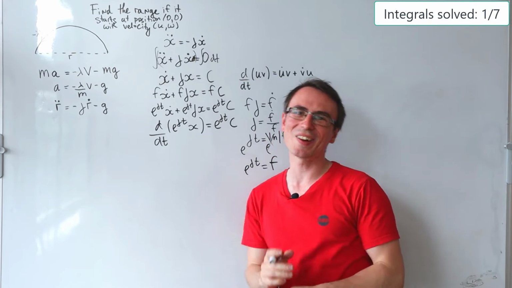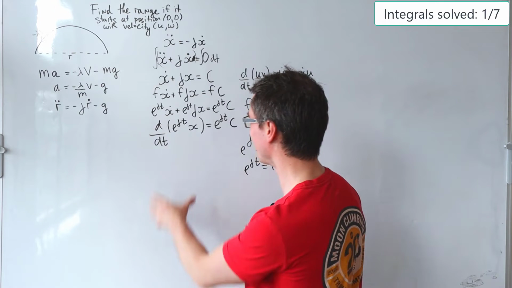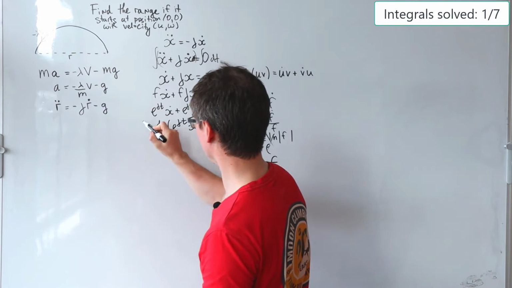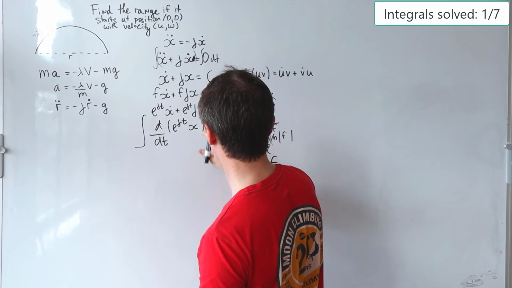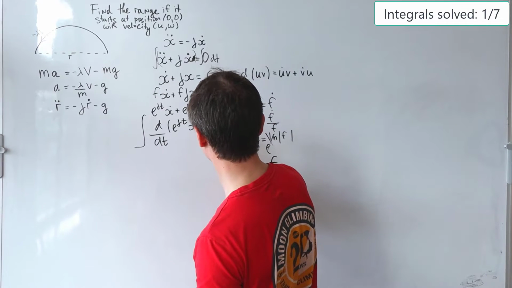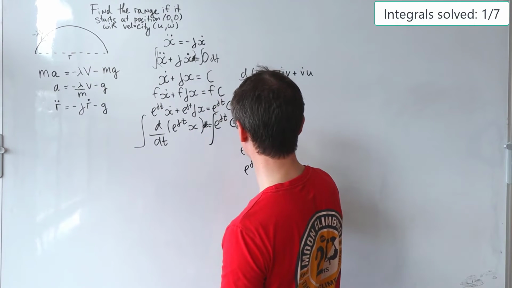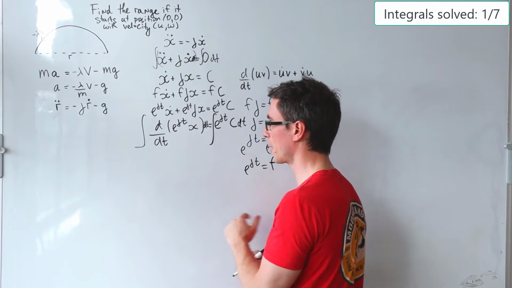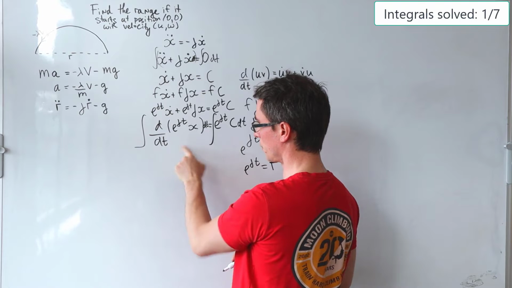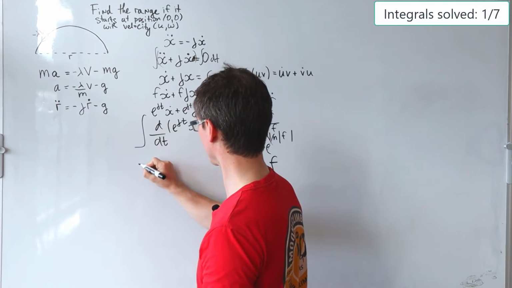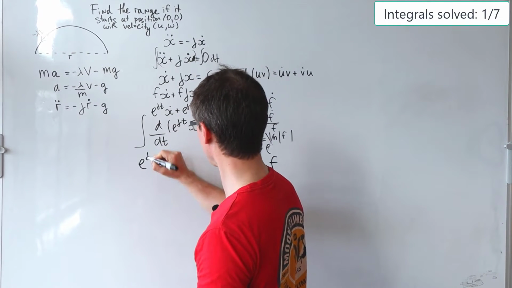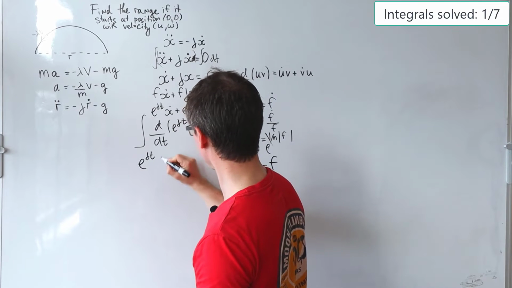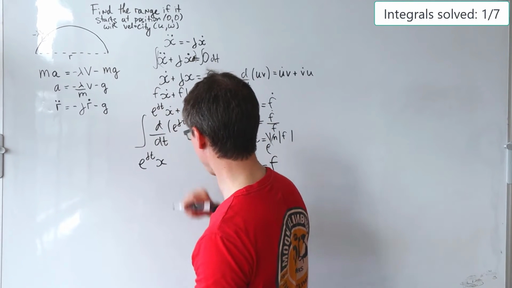We're once again going to integrate in this problem, so I'm going to take the integral of this side, and add a little dt here. I'm going to take the integral of this side, and add a little dt on this side as well. So the integral of the derivative is just whatever the function on the inside is, i.e. e to the gamma t multiplied by x.